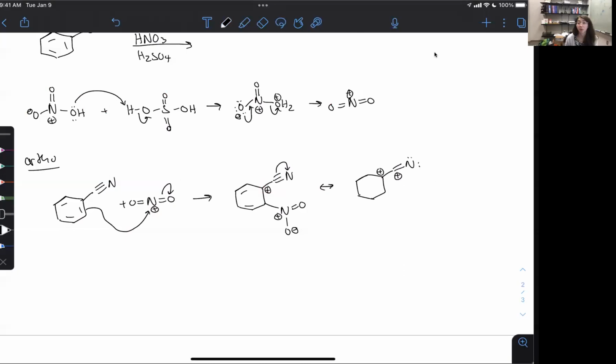So that I end up with that, which is hideous. It's just terrible. The really big problem here is that I've got two delta plus carbons right next to each other.